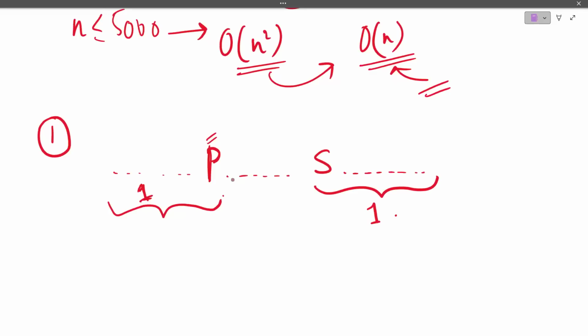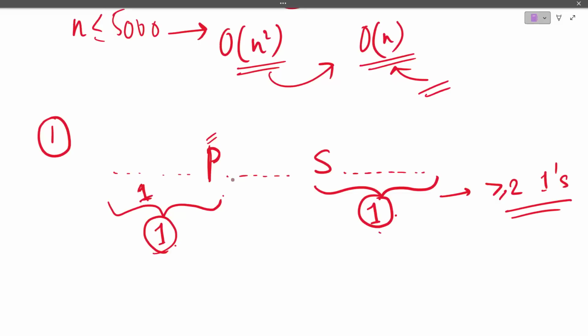But look at this. In this entire permutation, you have a 1 here on the left side of P and you have a 1 here on the right side of P. That means you must have at least 2 ones to satisfy the condition. But that is not possible because we need to print a permutation, right? And for a permutation to be valid, there should be exactly one 1 in the array.